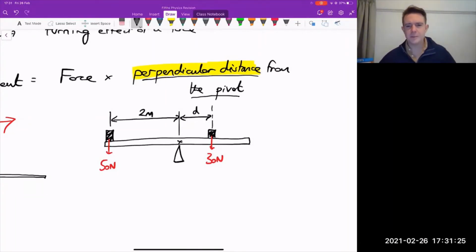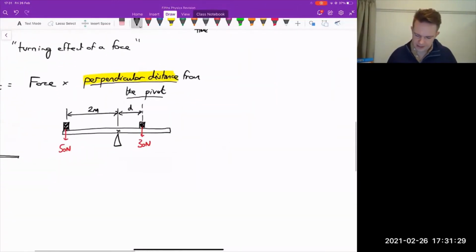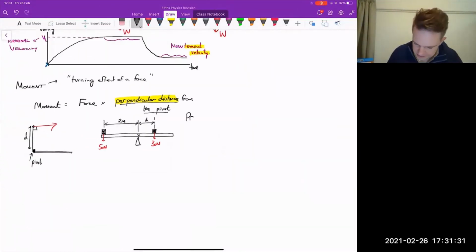There is something called the principle of moments. And again, to slow myself down so that you can fully digest what it is, I'm going to write it in full. This is a 2 marker. What's the principle of moments?